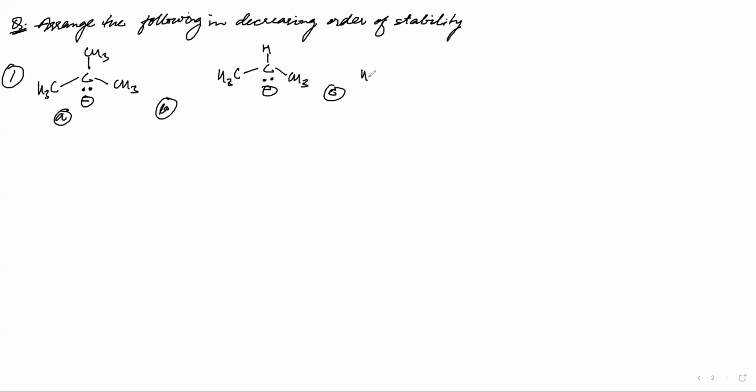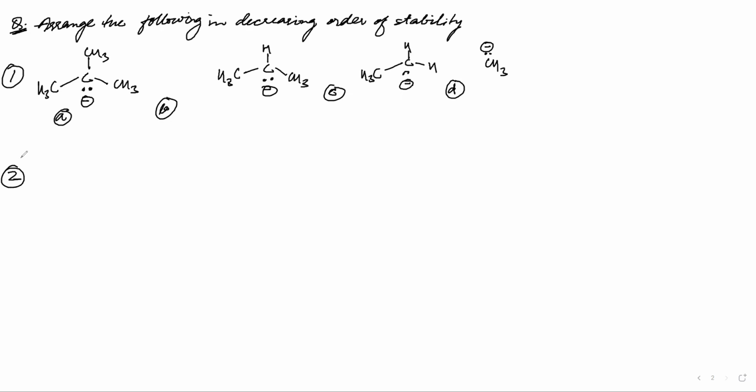C part, I can write like this: H3C, C, H, H, lone pairs and a negative charge. And B, I can write like this: CH3 with a lone pair and a negative charge.